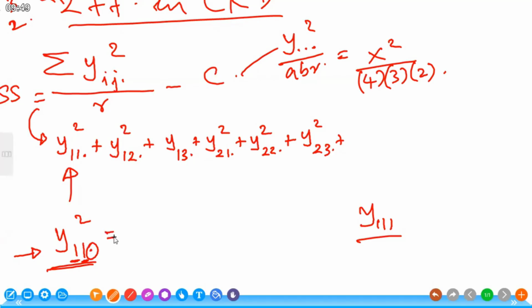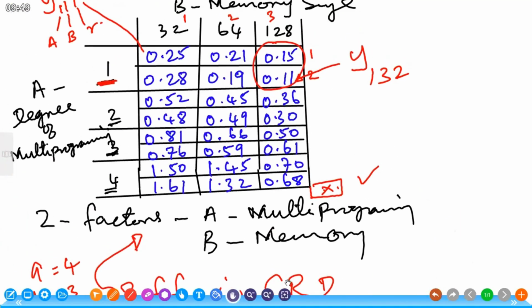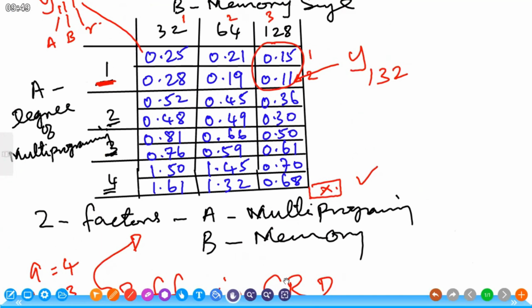For example, in our example, what is that? Add all the values in the first level of A effect and first level of B effect. What is that value? 0.25. Yeah, before adding, you will have to tell what values you are adding. Everybody knows.